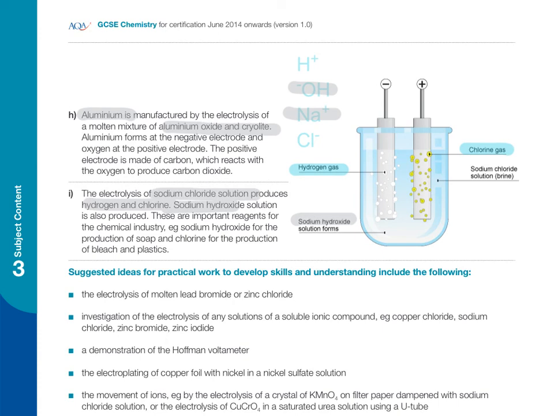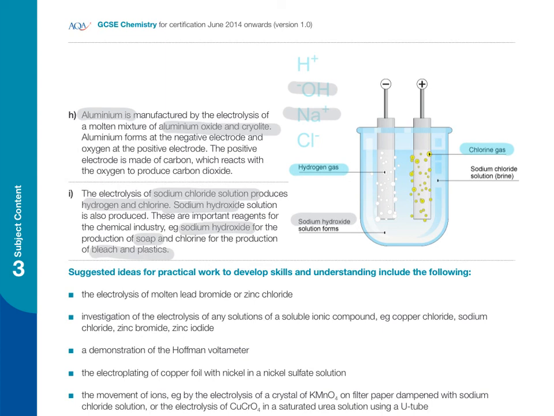Na+ and OH- makes NaOH, sodium hydroxide. You need to know the uses of these products, so things like sodium hydroxide can be used for the production of soap, and chlorine can be used for the production of bleach and plastics. Hydrogen is being considered as a fuel source.